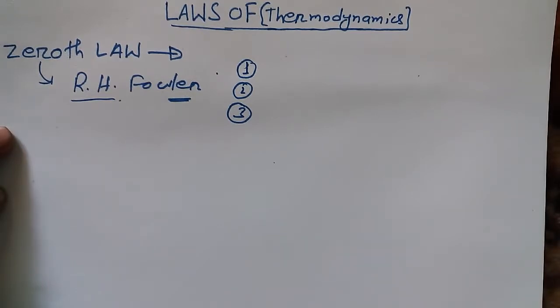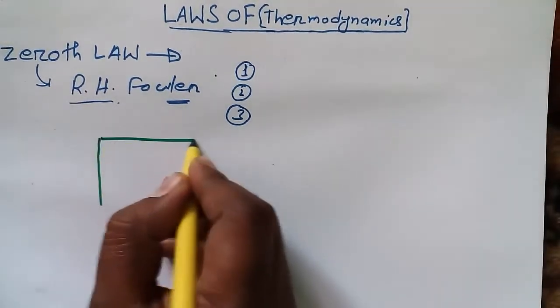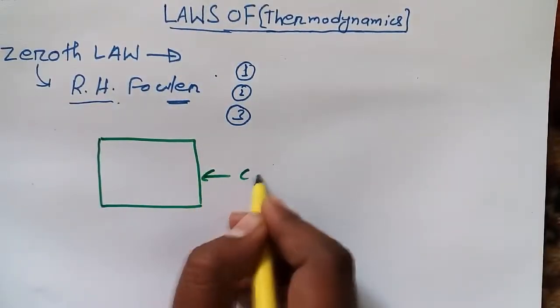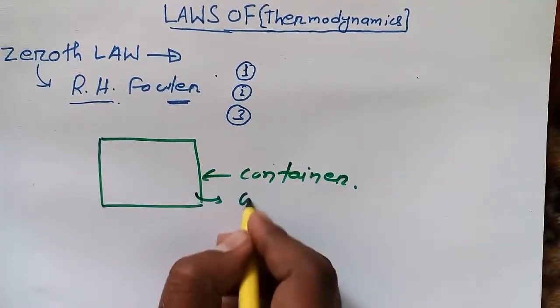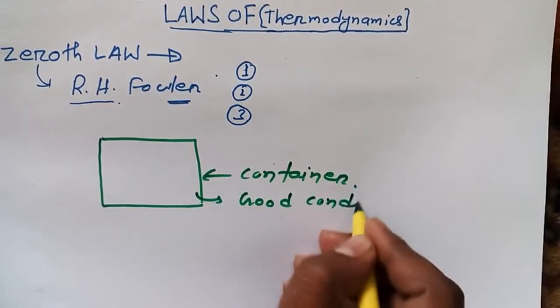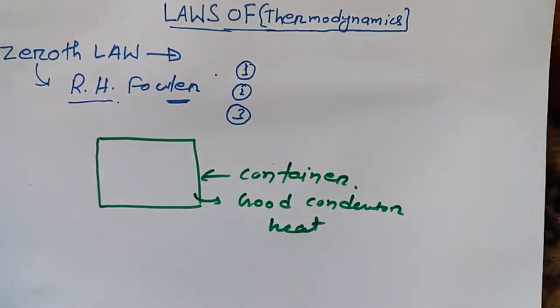So how are we going to understand this law? This is most important. To make you understand it in a better way, I have to draw a drawing. Suppose that this is a container, and this is a good conductor of heat, because in thermodynamics we study heat, so we must have a good conductor of heat to understand the concept of Zeroth law.